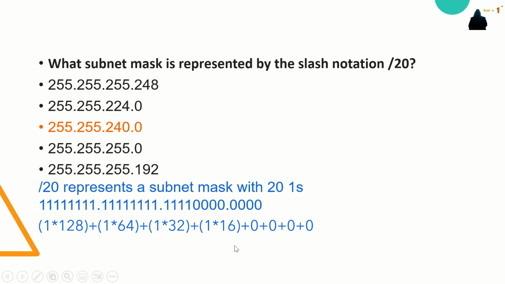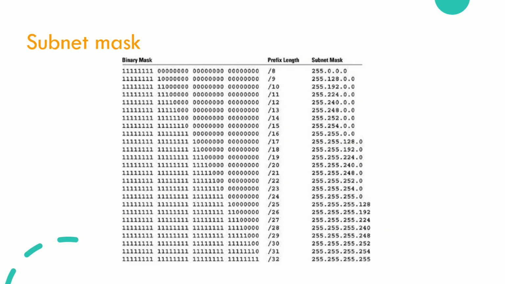If you calculate it, it should be 240. It's very simple. You can also come back to the subnet mask table here, and slash 20 is 255.255.240.0.